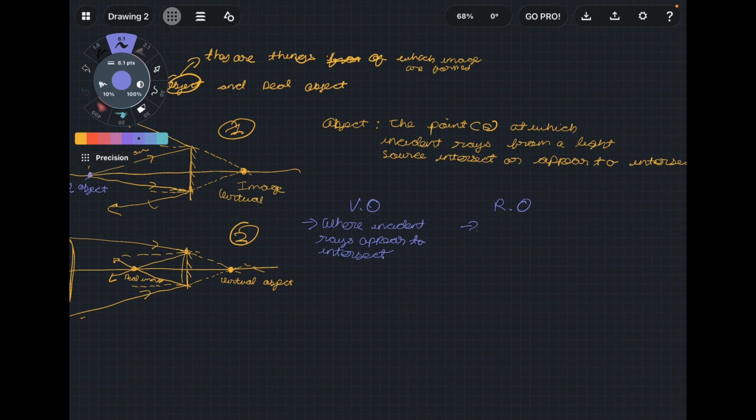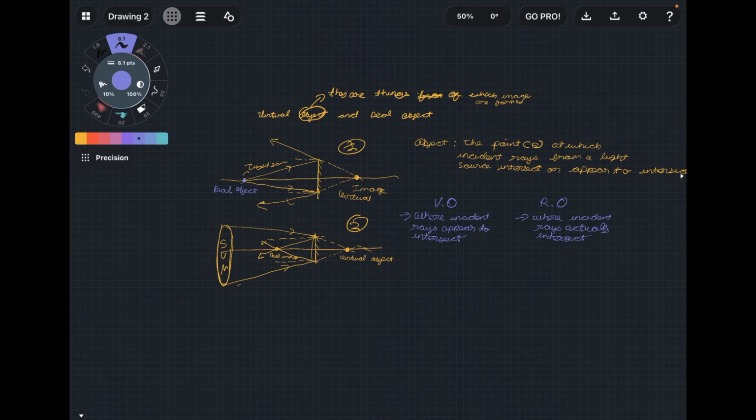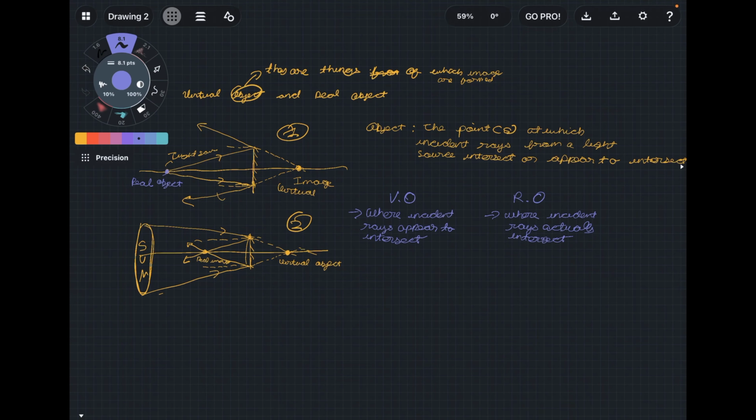Real object: the fundamental difference is where incident rays actually intersect. Yeah, so this is the fundamental difference between a virtual object and a real object.